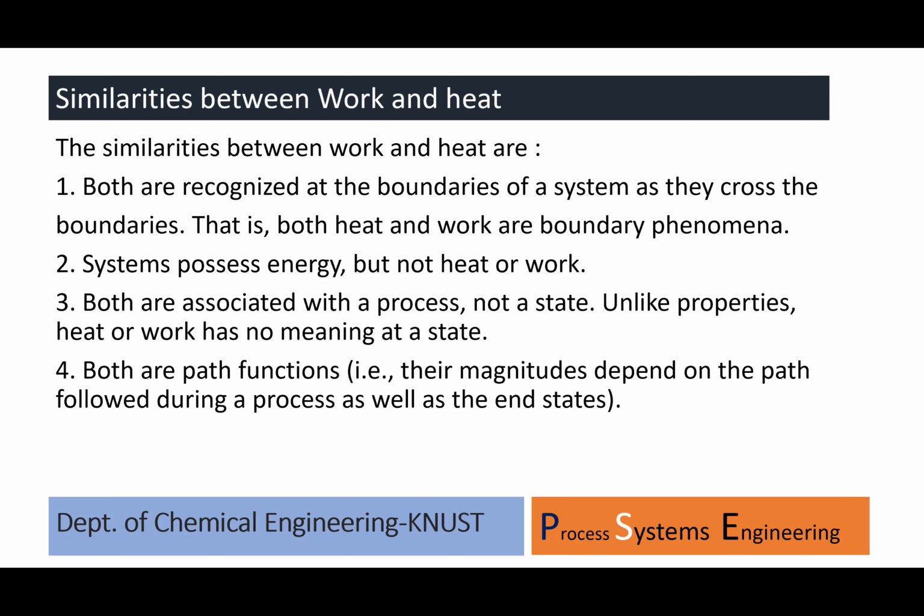The size of the amount of heat, right, depends on the path that they follow. And it also depends on the final state that they end at as well. I hope that makes sense. So they're path functions, it depends on the path we follow. Remember we said the path are all the intermediate states that we would follow when we are moving from our initial state to our final state.